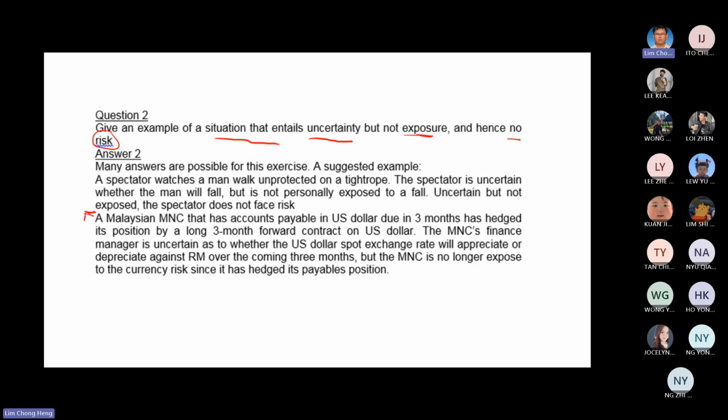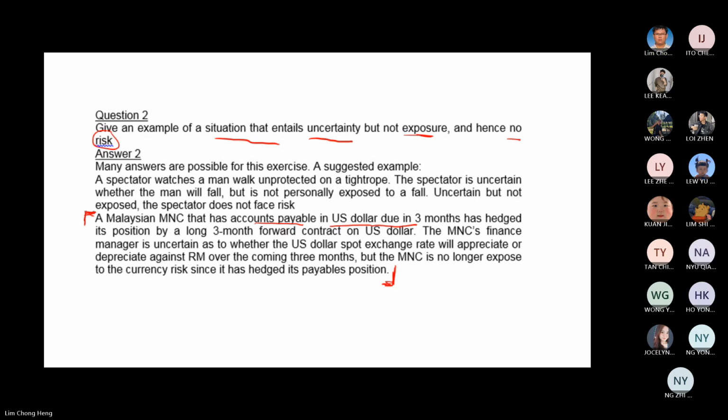We come back to the example in finance. Your company is a multinational company. You have an account payable in USD in 3 months' time. After 3 months, ringgit Malaysia will appreciate or depreciate, we don't know.